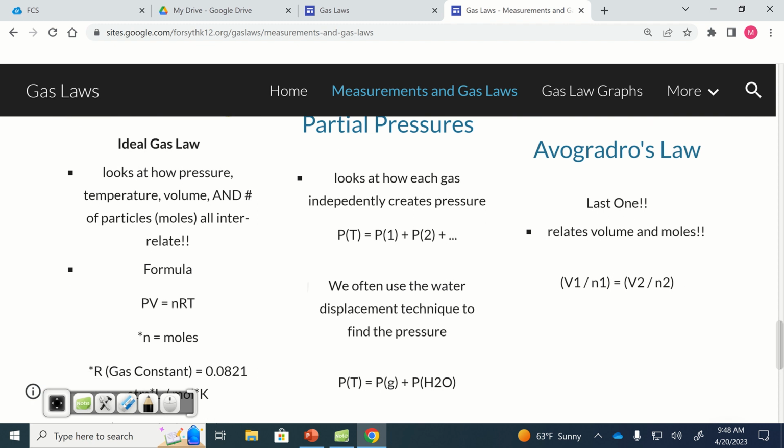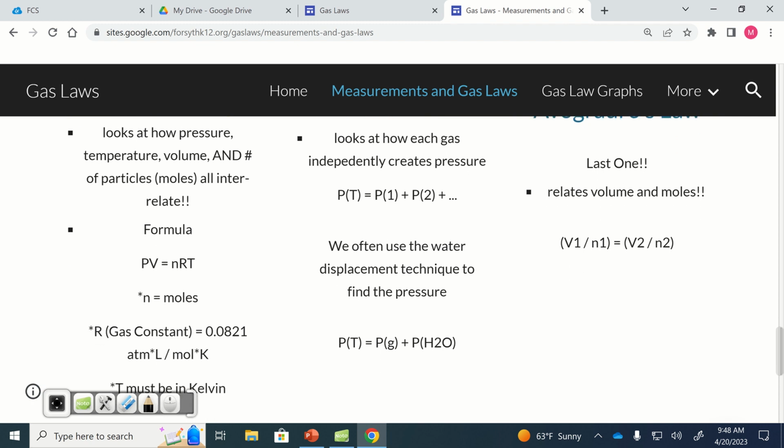You will see in some of the problems that you work through, it'll often say that the gas is collected through water displacement, essentially seeing how much the water changes based on the amount of pressure that's on it. And so you might run into the barometric pressure, where barometric pressure is basically the atmospheric pressure, the total pressure.